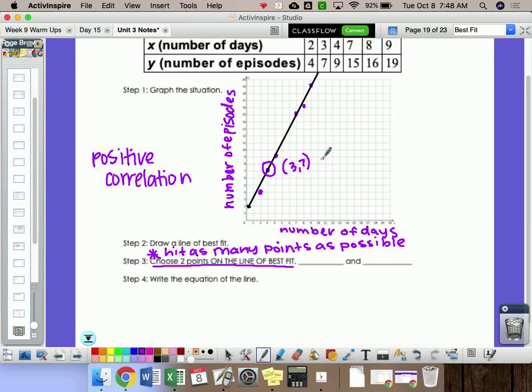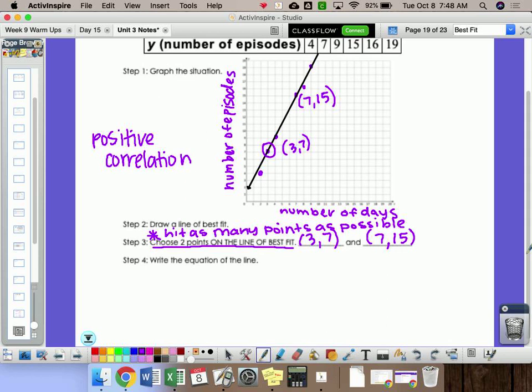And then let's also use 7, 15. Now we need to find my equation.